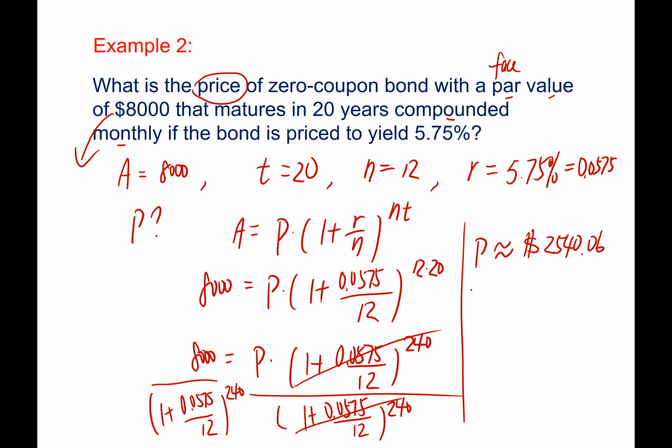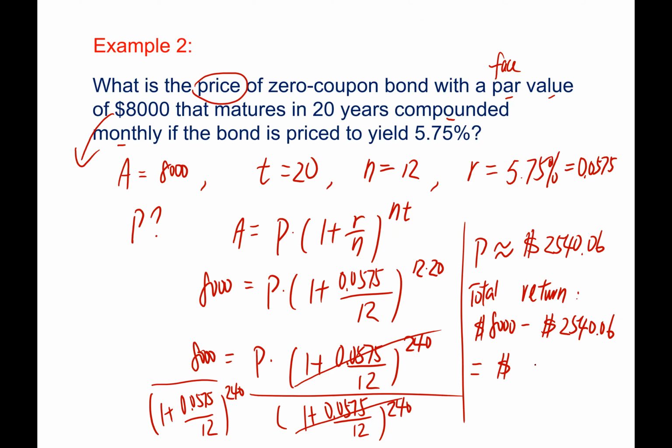And let's just get an idea of the total interest or total return on this investment, what kind of return you're looking at. So you do $8,000 minus $2,540 and 6 cents, and the difference is the return on investment.